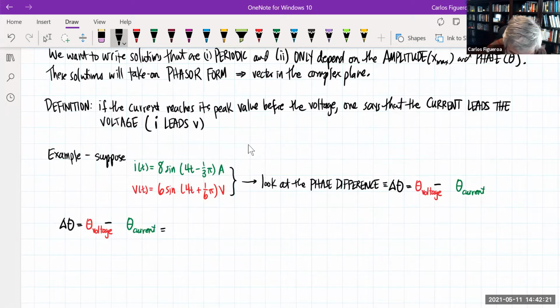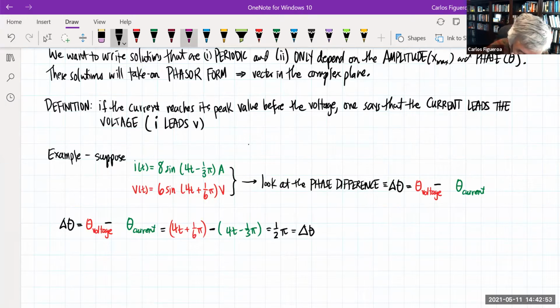When I read this, it's going to be 4t plus 1/6 pi, and then I have my current phase, which will be 4t minus 1/3 pi. And I'm going to subtract the difference here. If I subtract, I have a 1/6 plus 1/3. That should give me 1/2 pi. So in other words, the phase difference is this right here.